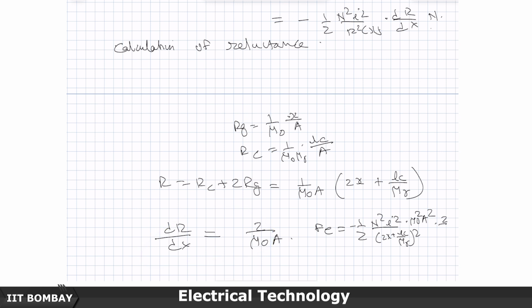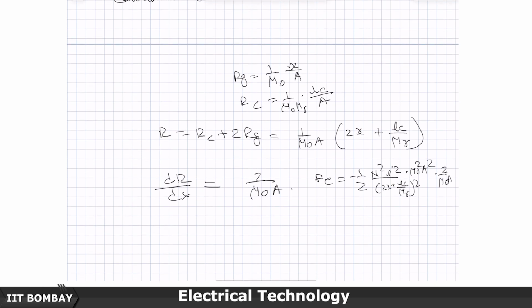So, the F e turns out to be this, the 2 cancels out, this mu 0 also cancels out.